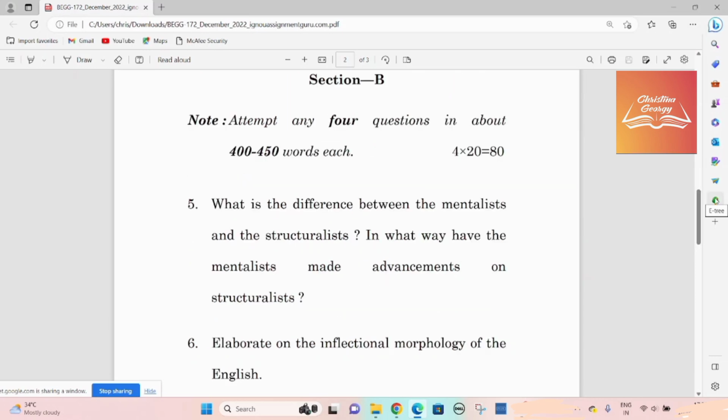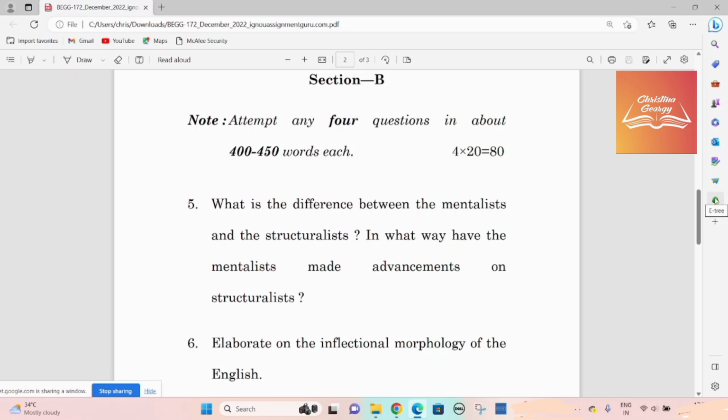So this is section B. Section B includes questions 5 to 11. Okay. So there are basically 7 questions in section B, out of which you just have to choose 4. 4 out of 7. But here the difference is that these are long essay questions.